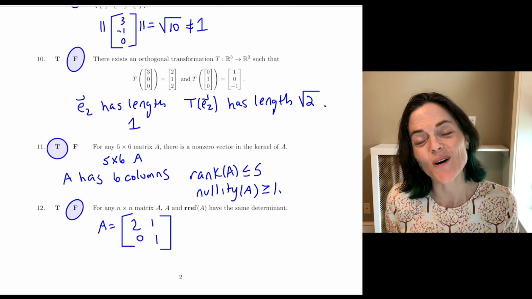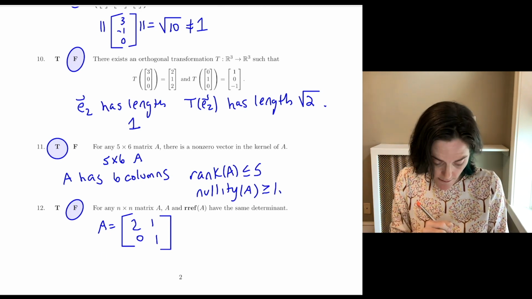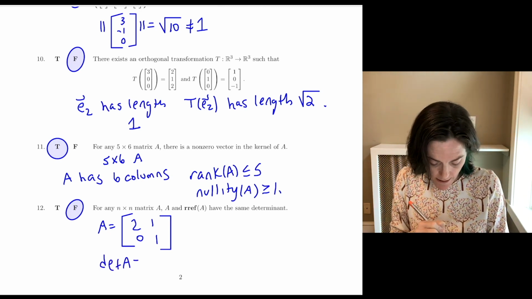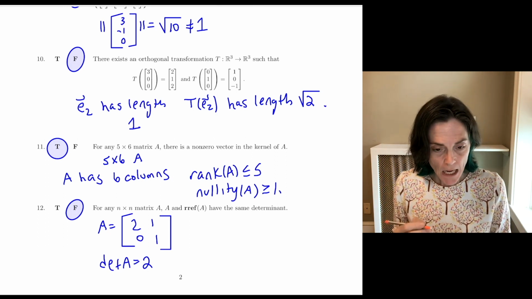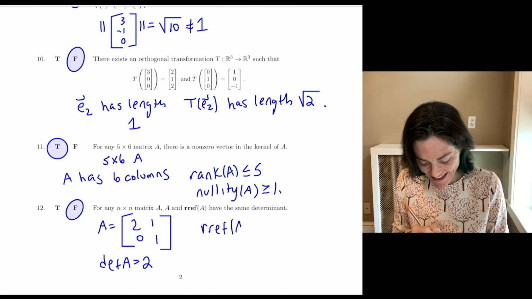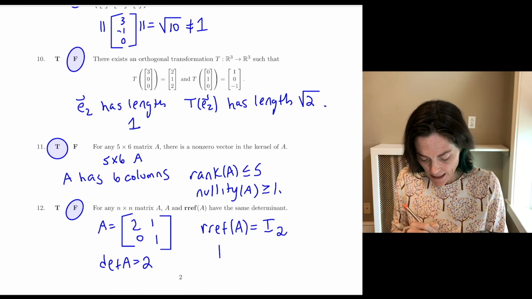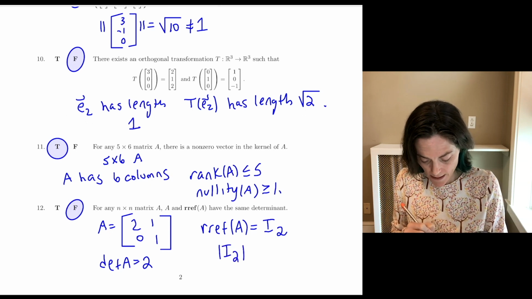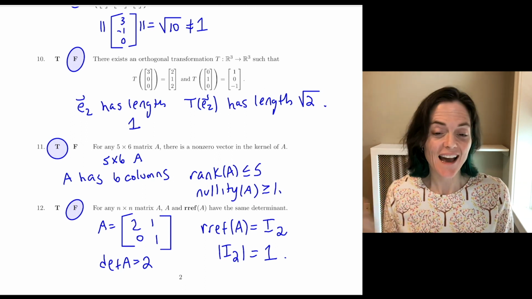This is invertible. We have 2 non-zero columns. The second is not a multiple of the first. We also see the determinant of A is 2, which would justify its invertibility. But the reduced row echelon form of A is the identity, and the determinant of the identity is 1. And so this is our counterexample here.